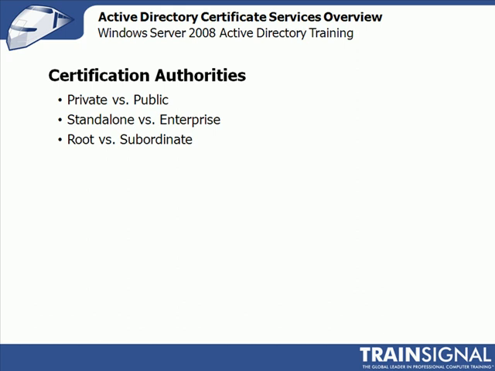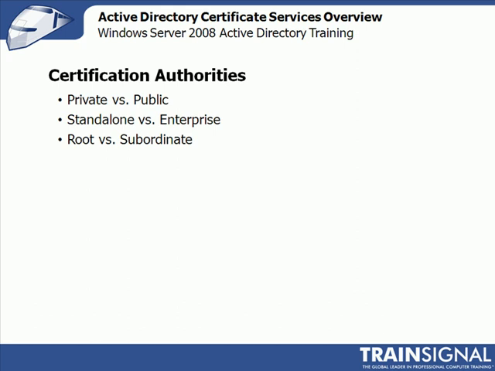Now, when it comes down to private versus public, here's the deal. Who is it that is going to need to see these certificates? In other words, if it's going to be primarily internal use only, then that is where you can go ahead and save your money, because yes, it costs money to get a certificate from a third-party company like VeriSign.